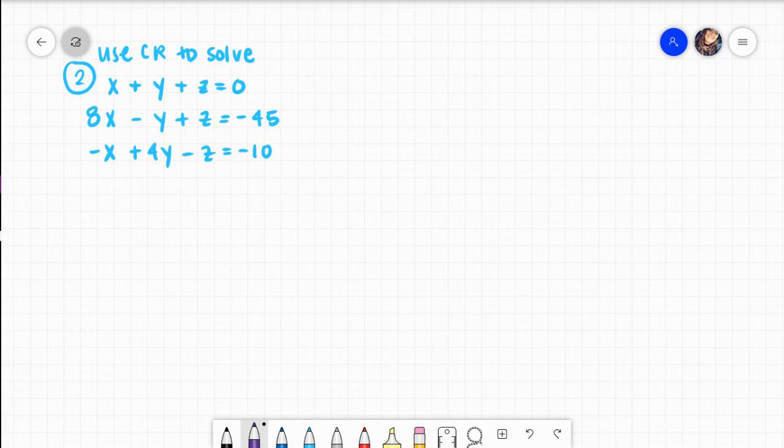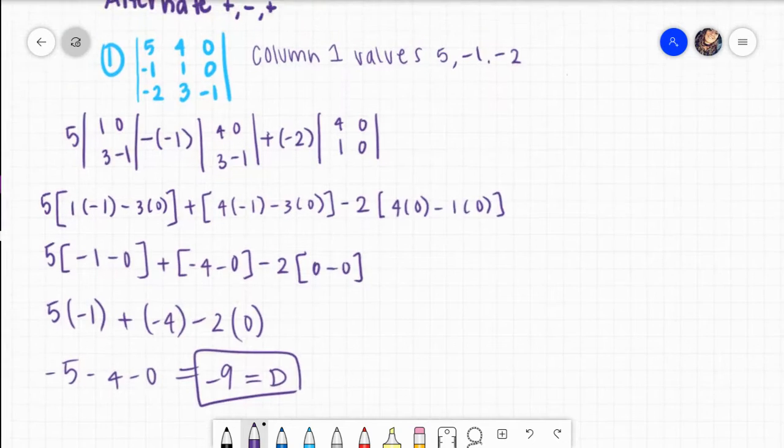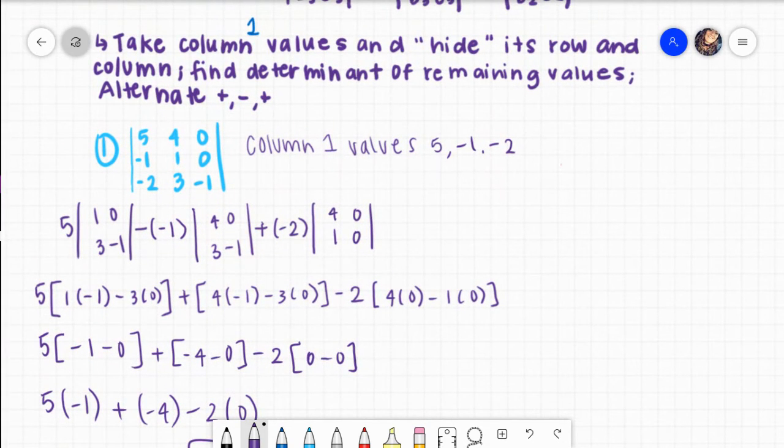It's just another example. Okay, so I want you to notice something. In this problem right here, if you look at the form, it's already written in a determinant form, and it's already written as a 3x3 matrix without any variables, so it's really clear and easy to see what we're doing here. I actually want to make sure that whenever I take the determinant of a 3x3 matrix, it's in this form.